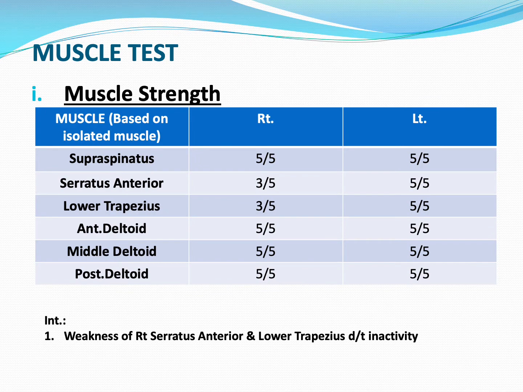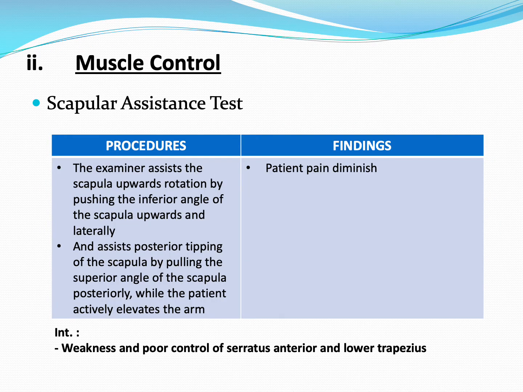This is the muscle test I did on the patient. The first one is muscle strength. I tested it based on isolated muscles. What I found is that this patient has right serratus anterior and lower trapezius weakness. This is maybe due to inactivity of these two muscles. Then another test I did is muscle control.